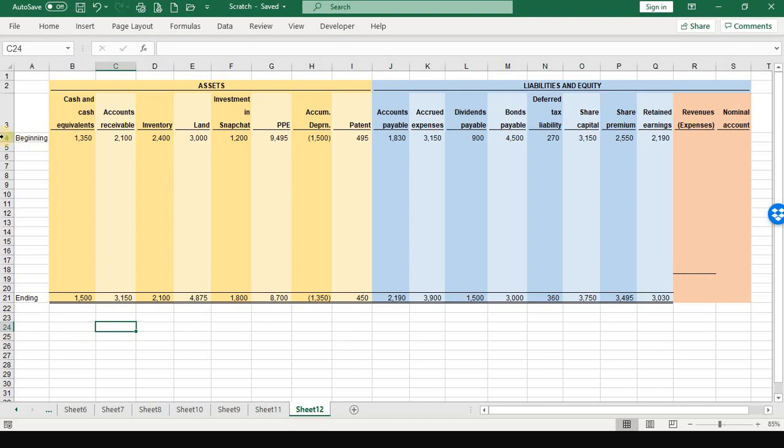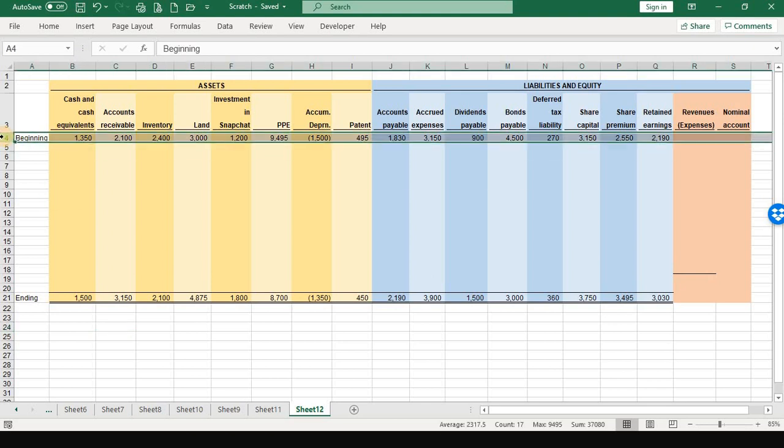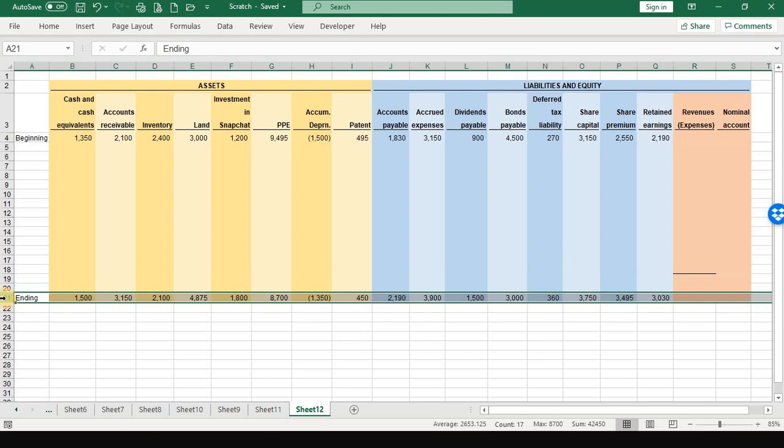The beginning balances here are the amounts in the statement of financial position ending December 31, 2019, because the current year is 2020. And the ending balance will be these balances that appear in the statement of financial position as of December 31, 2020.